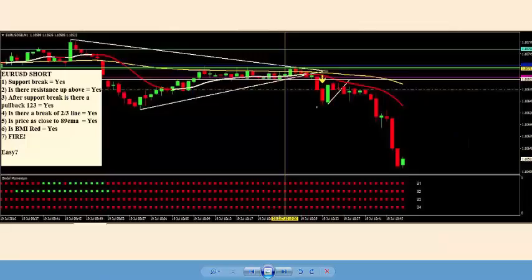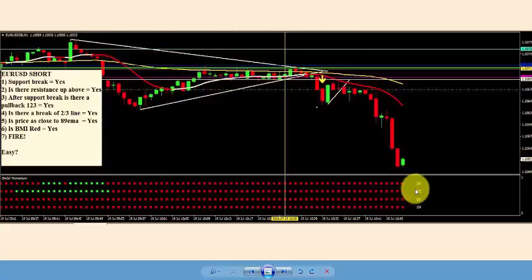Okay, so let me just briefly explain this particular chart. As you can see, right at the bottom, we have an indicator. I've got 4 numbers here: B1, B2, B3, and B4. Basically, B1 and B2 are looking at scalping and intraday.